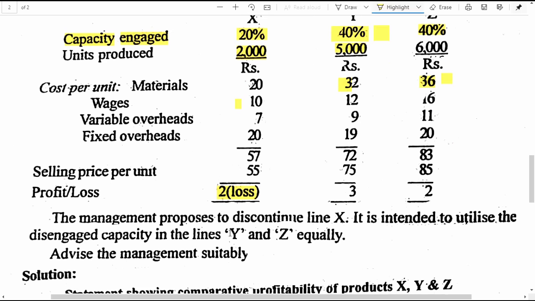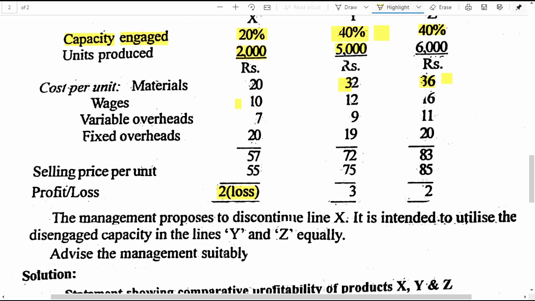The management proposes to discontinue line X. Looking at the cost breakup and the revenue details of the products, since X is giving 2 rupees loss per unit, the management has proposed to discontinue the line of product named X. It is intended to utilize the disengaged capacity in the lines of product Y and product Z equally.